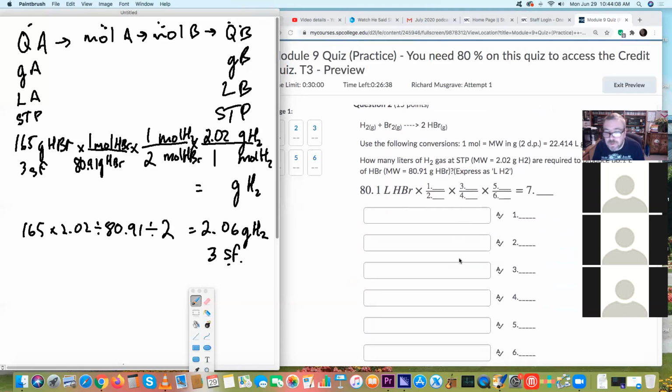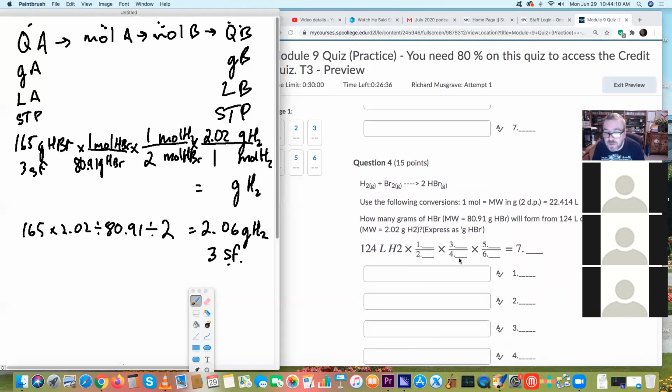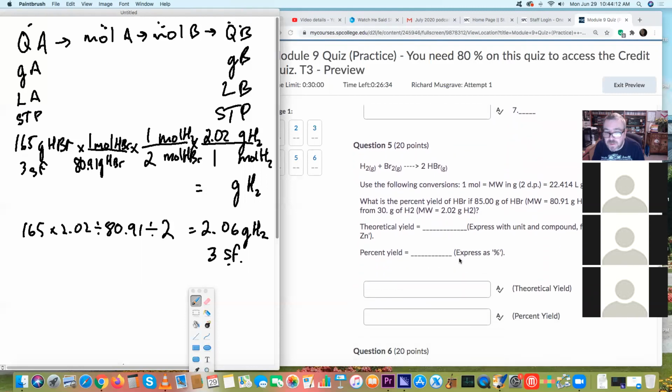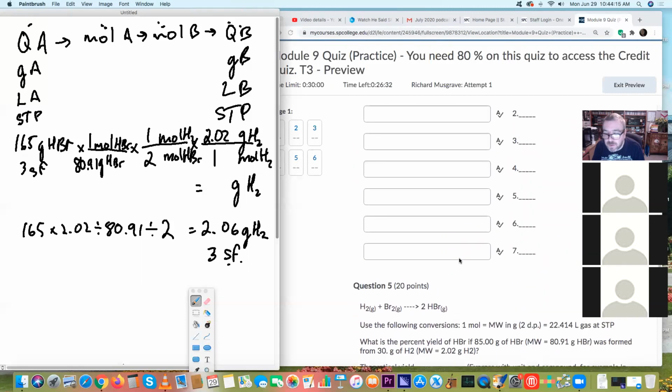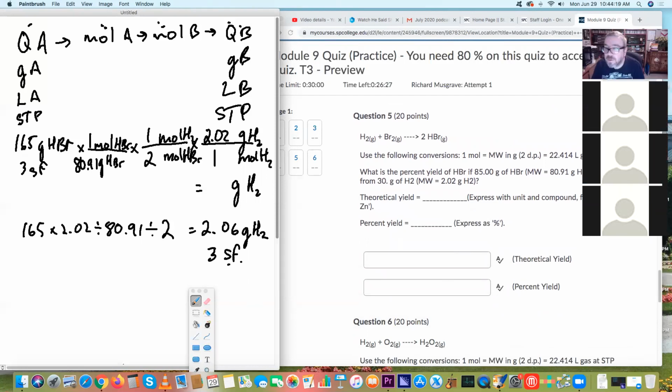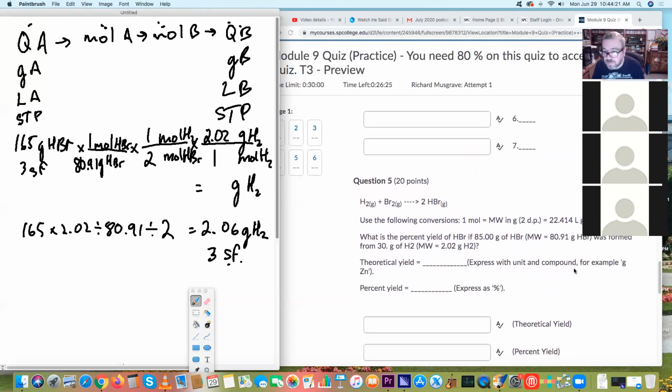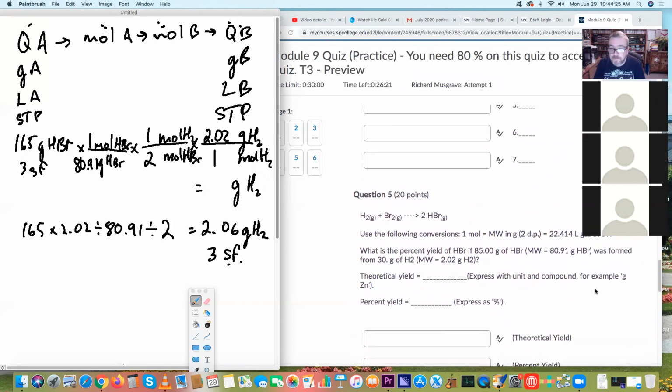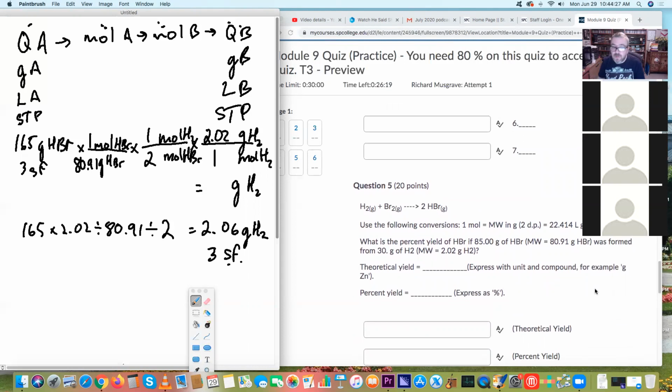Well, pretty much all these other ones are very similarly done to that, except when we get to the percent yield, which I want to focus on here because that's one that people often have trouble with. So what are we looking for here? Well, we're looking for the percent yield of HBr if 85.00 grams of HBr was formed from 30 grams of H2.